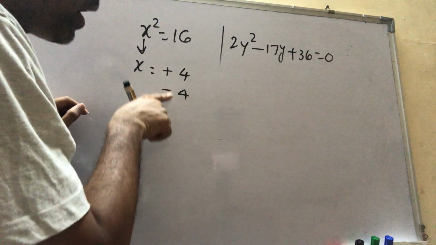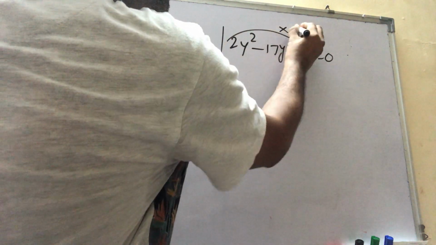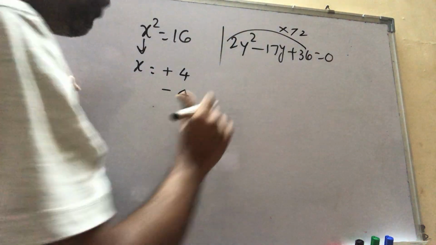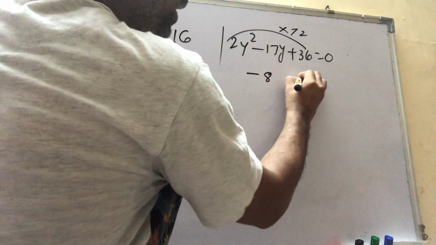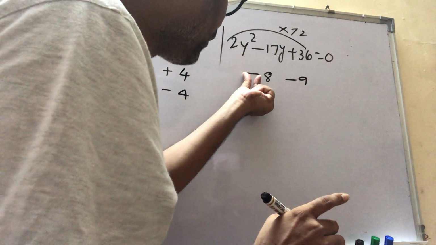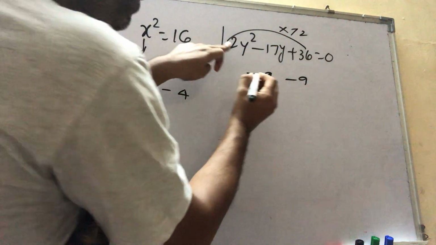Minus. So plus 4 and minus 4, and here 36 into 2 is 72, and addition should be what? Minus 17. So factors minus 8, minus 9. So 8 9s are 72, and when you do addition of minus 8 and minus 9, that will be minus 17. So divide by what? 2.